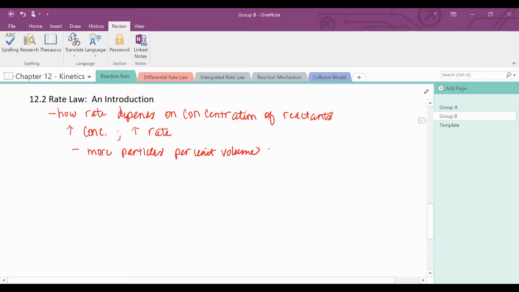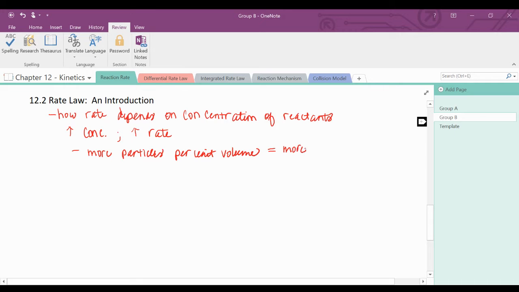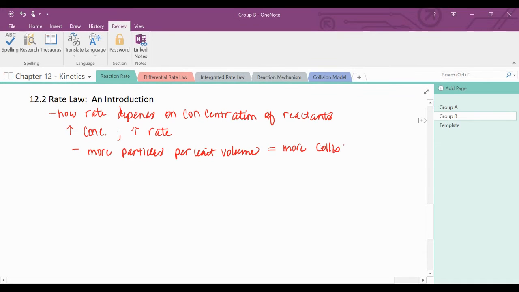And anytime you have more particles, you're going to get more collisions that occur. And any opportunity we have to increase the number of collisions will increase the rate of our reaction.